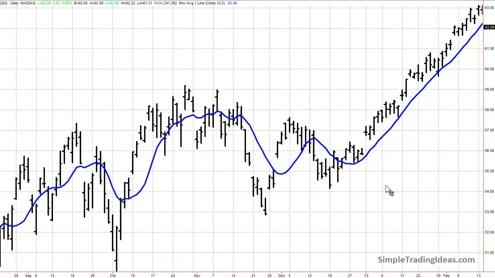Okay. So let's establish a set of rules for trading the moving average. These are the standards. Let's say that if the closing price, which is the right tick we see here, is above the moving average, that we buy. And when we buy, that's also known as going long.